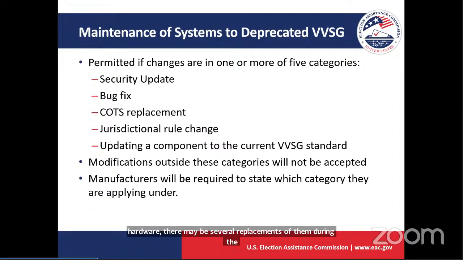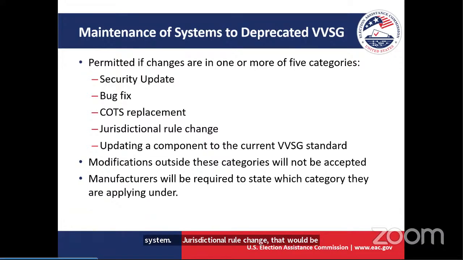The jurisdictional rule change would be a legal requirement that forces a manufacturer to make changes to a fielded system, and that would need to be supported by the jurisdiction itself. That could be, for example, a state's chief election official.